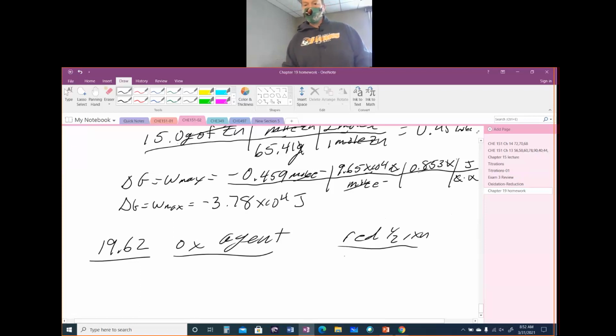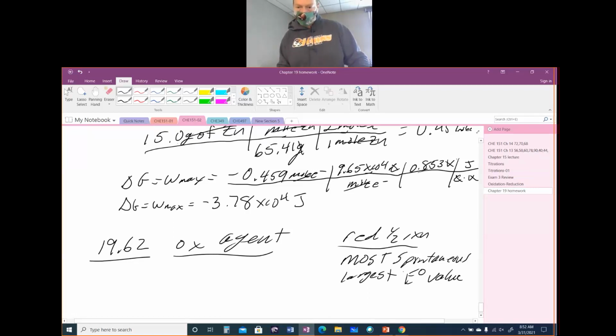All right, and so you want the most spontaneous reduction half reaction, which means you want the largest, most positive E naught value, because remember your delta G is equal to negative NFE. N is always a positive number, it's moles, F is a constant and a positive number. And so if your E value is positive, then your delta G is negative and it's going to be spontaneous. The larger your E value, the more negative your delta G, the more spontaneous.